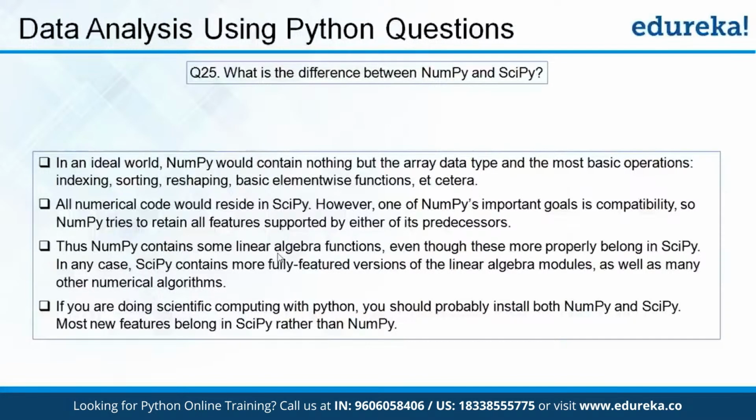For example, NumPy contains linear algebra functions, even though they more properly belong to SciPy. Integration, differentiation, all these operations are provided in SciPy, and it's much easier. SciPy contains more fully featured versions of linear algebra modules. So if you're going to do scientific computing, it is advised to use both NumPy and SciPy together, which is a recommended thing. It makes more sense than using them independently.